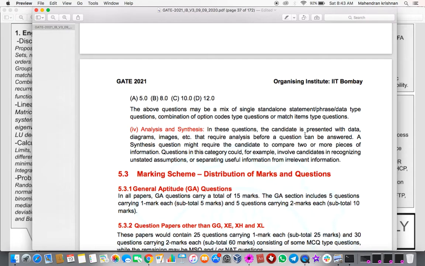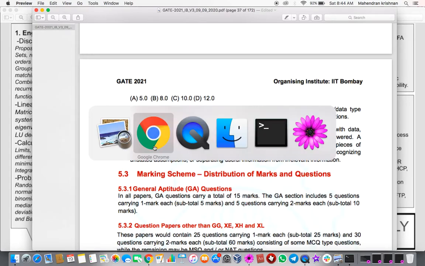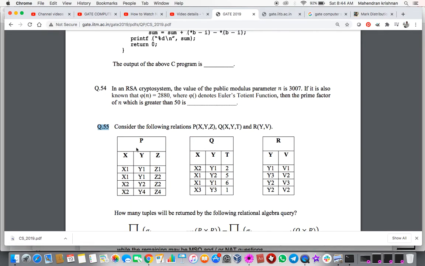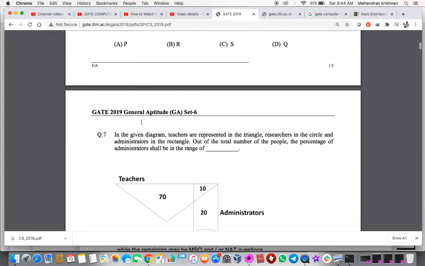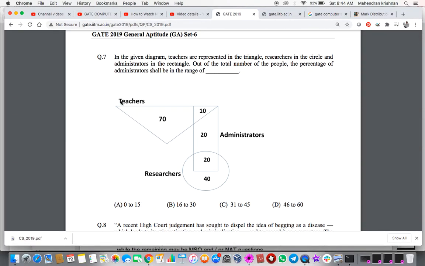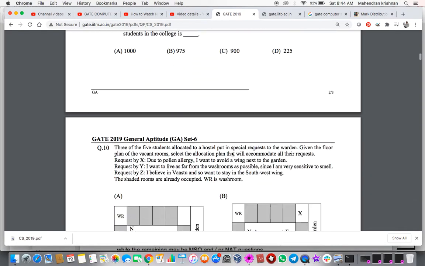Let us see. Data is given, or diagram, images, something will be given, and we need to analyze based on the question. We need to analyze the diagram, the data, so a typical example is diagram based questions. This is one diagram based question.